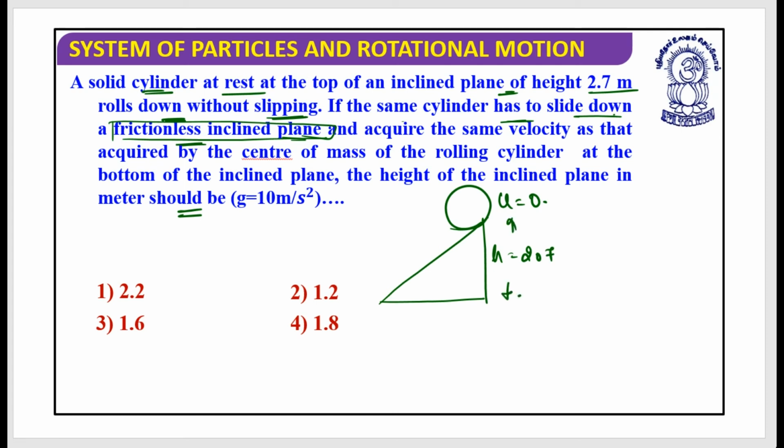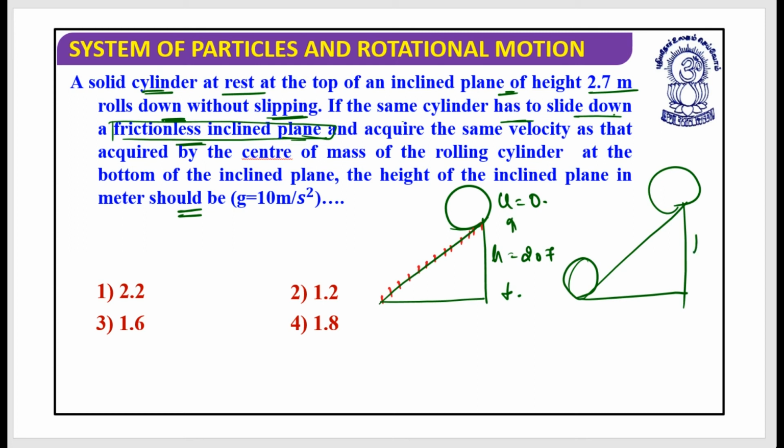If the same cylinder has to slide down a frictionless plane, that means the first one has friction, since only then can it roll. The second one is without any friction, and the cylinder is the same, and it acquires the same velocity as that acquired by the center of mass of the rolling cylinder at the bottom of the inclined plane. So what I want is the height of the inclined plane in meter. How will you do this?